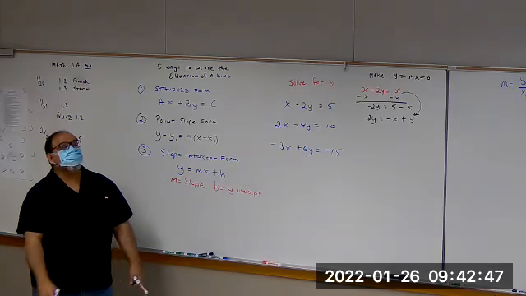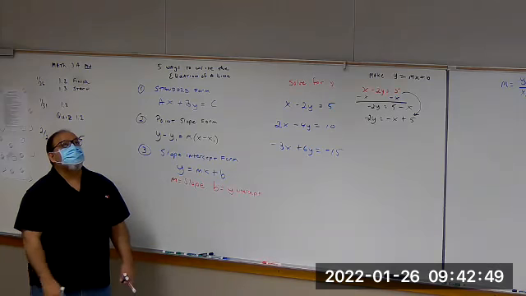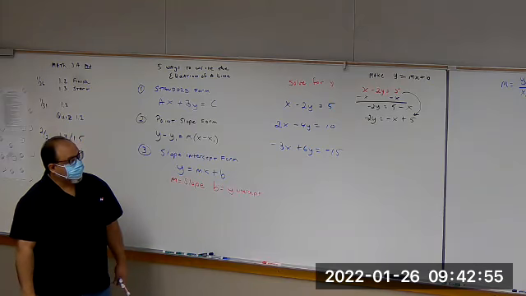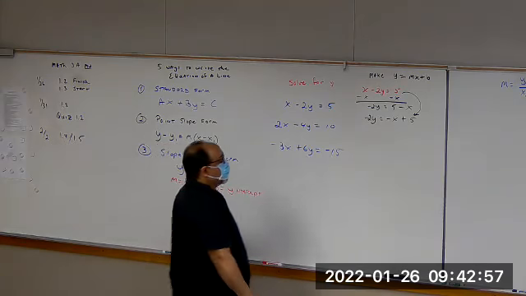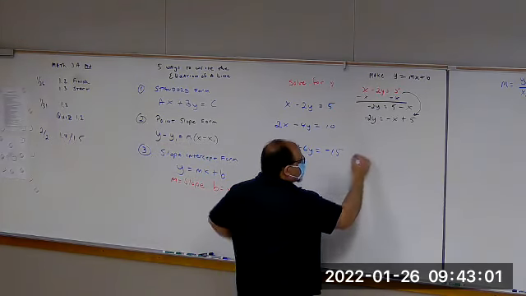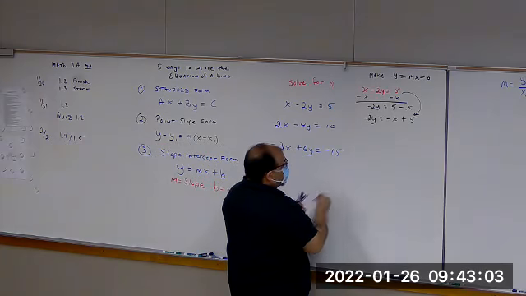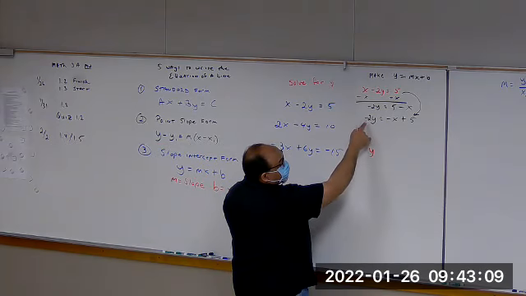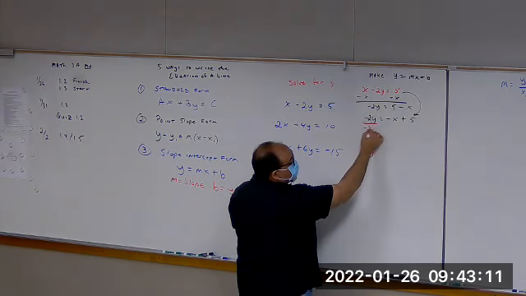Now, here is the bad habit that I hope I can fix. On this problem, it's not going to be as evident as it will be when I do the next. Remember, we're trying to put it in slope intercept form. Y is being multiplied by -2, so you're going to divide by -2.